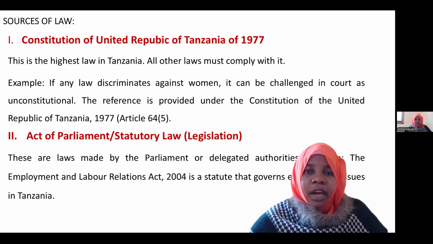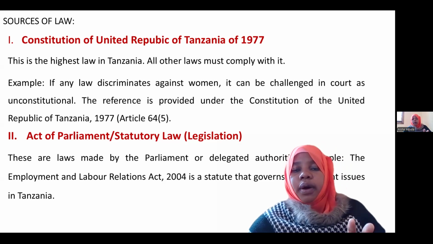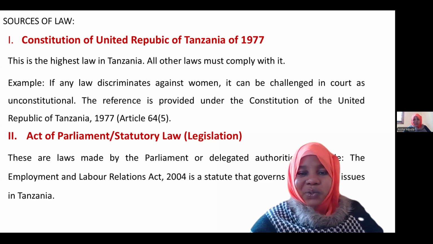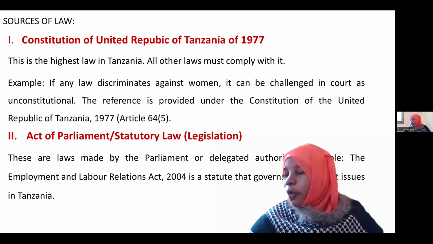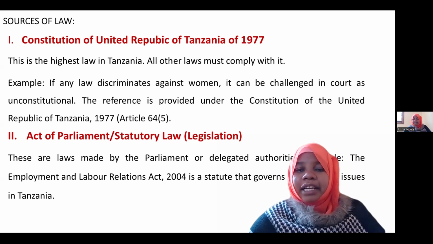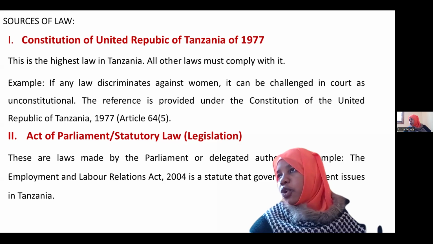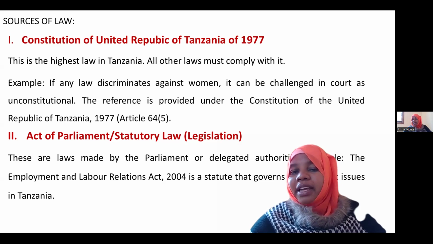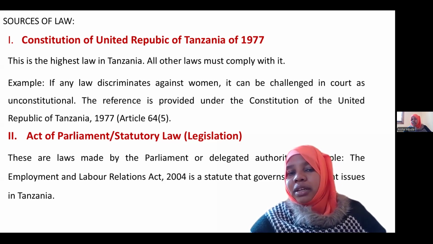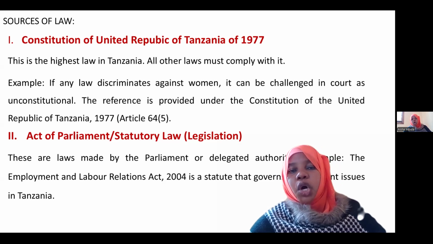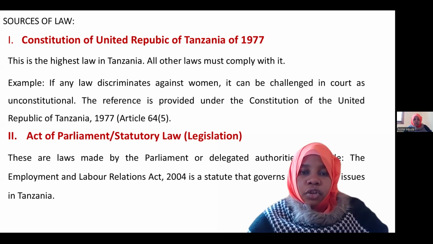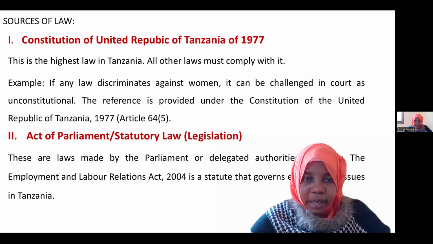So whenever you enact regulations, bylaws, or an Act of Parliament, that law must not go contrary to this constitution. That is why, through Article 64 sub-Article 5, the constitution is a supreme law but also a source of law. So let me end here on the constitution.